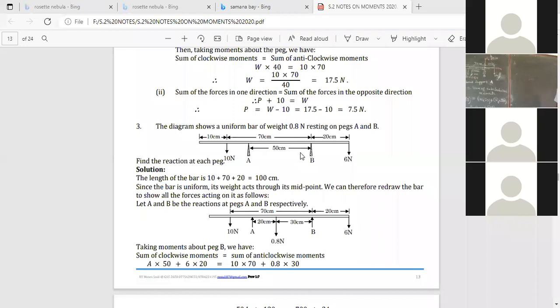So what do we have? 556 subtract 200 gives 50 RB. Is that okay? Yes. 356. 356 is equal to 50 RB. Divide by 50 to get RB. What is RB equal to?